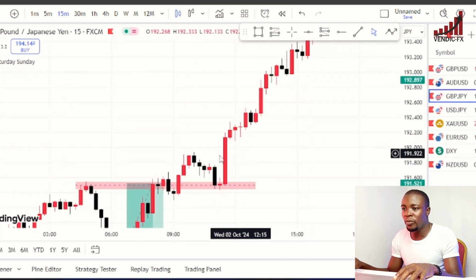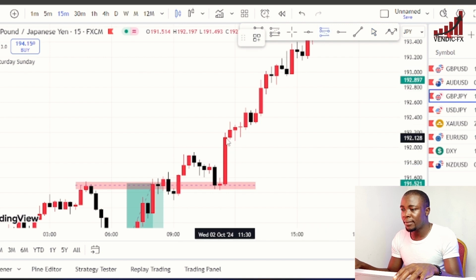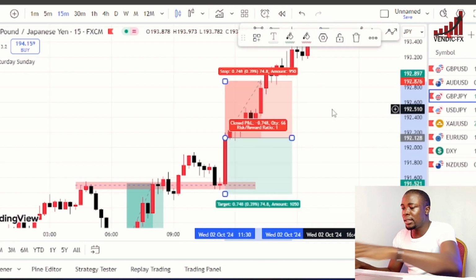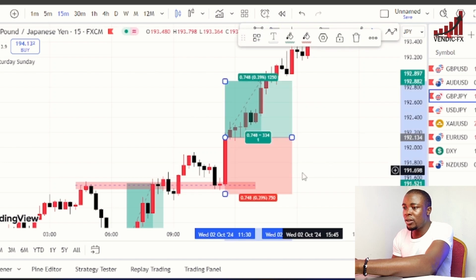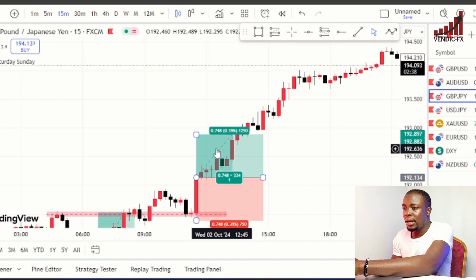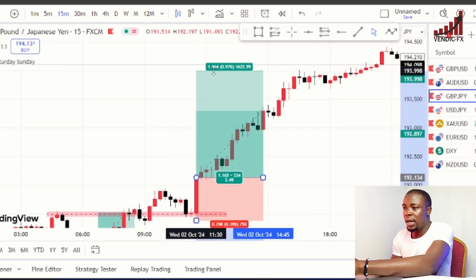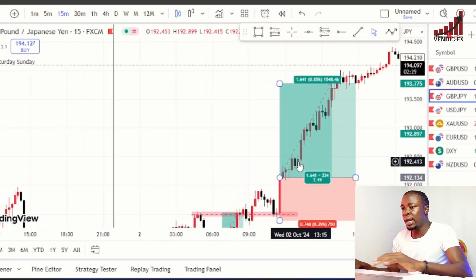If you are getting into that, this is where your close of the candle is, and this is your swing low, and then you target a 1:2, and it plays out very nicely.